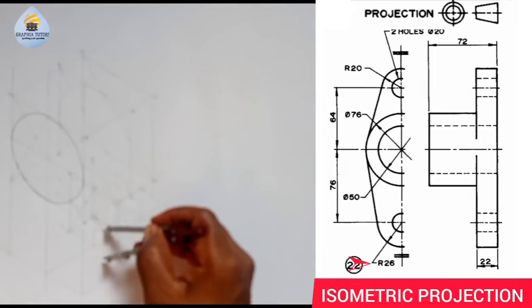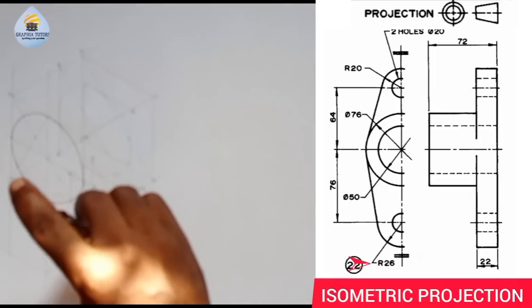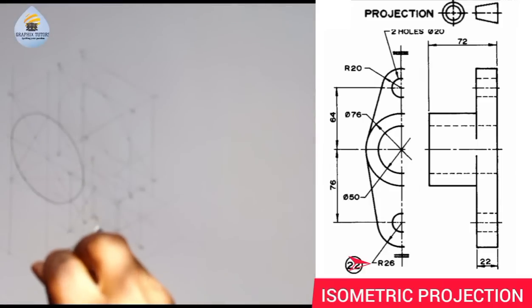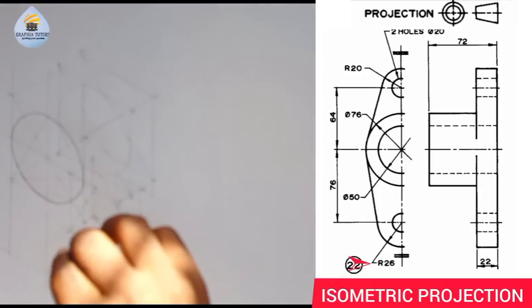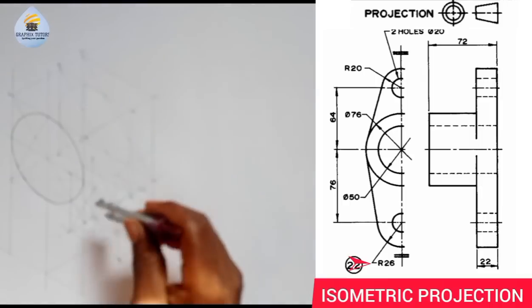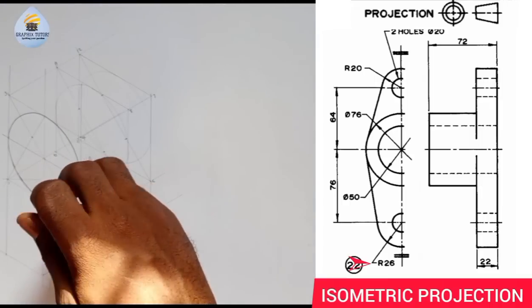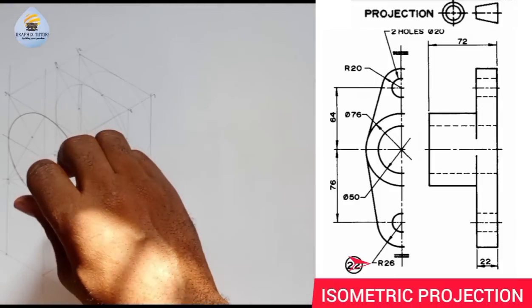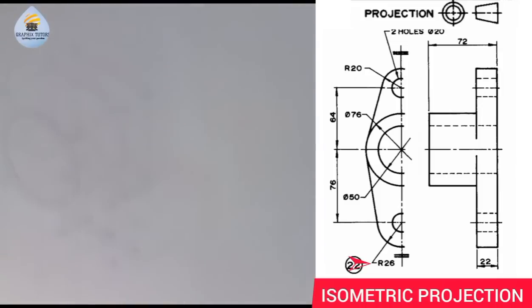So if I place it here, I'll get this arc. And I'll place it here at C. I'll get the next arc. Can you see that? So I've gotten this arc, right?